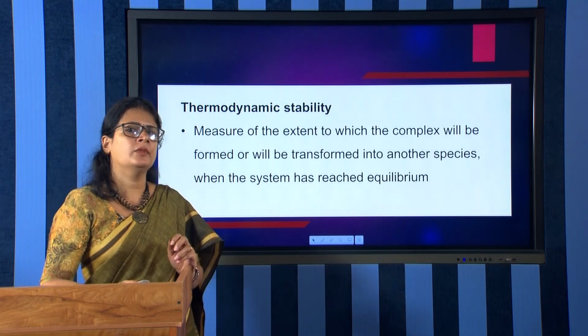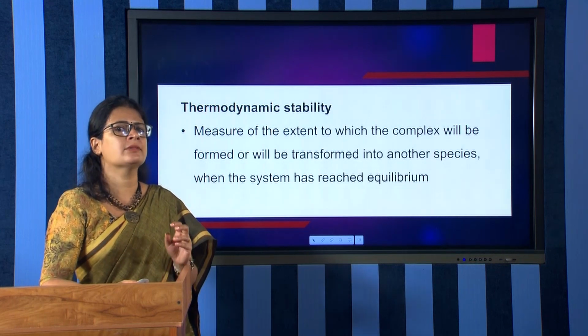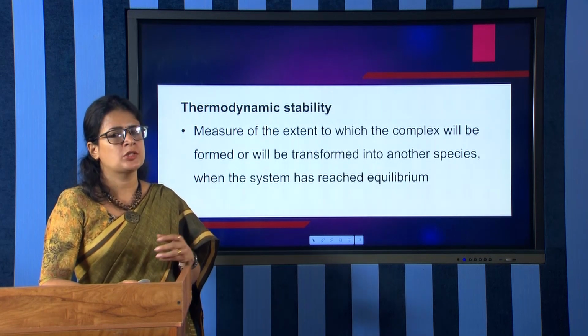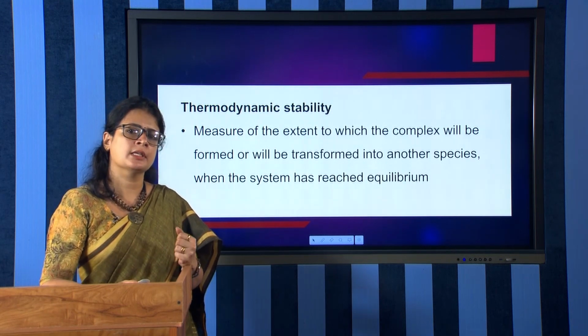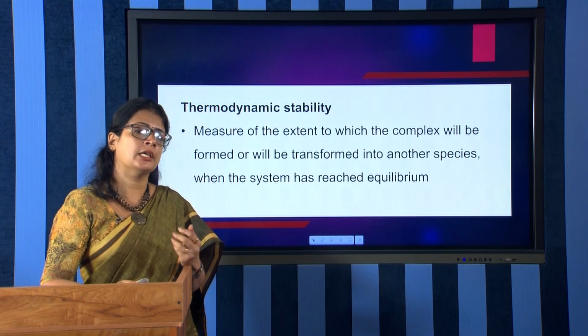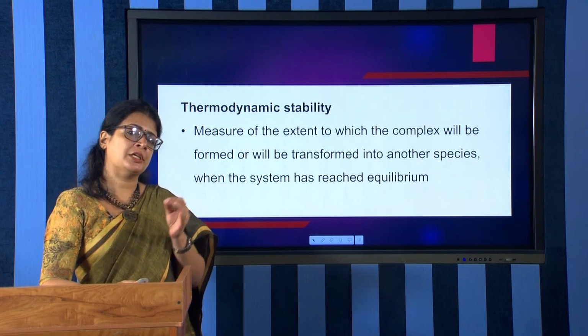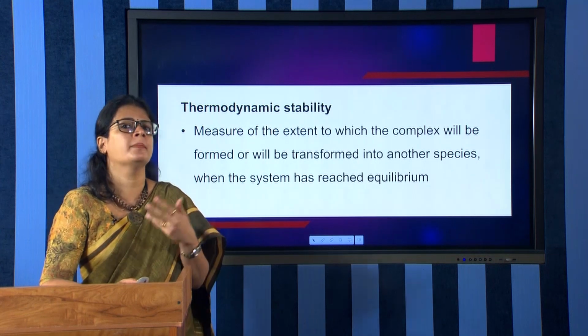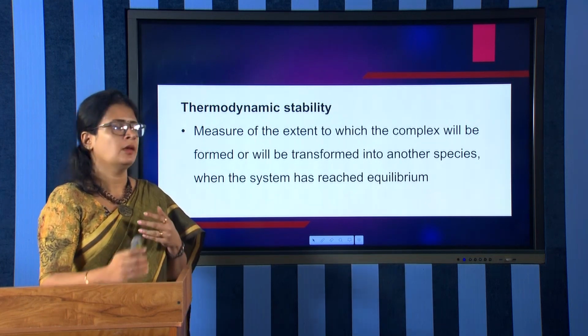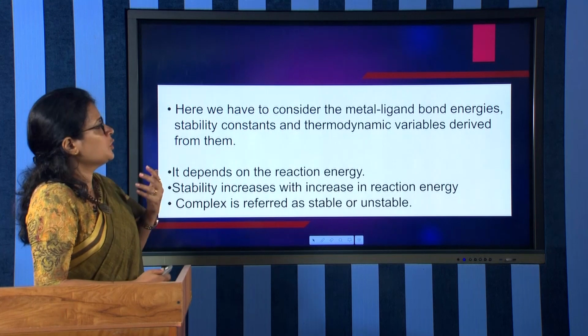It is a measure of the extent to which the complex will be formed or will be transformed into another species when the system has reached equilibrium. So, thermodynamic stability measures to what extent the complex is formed.